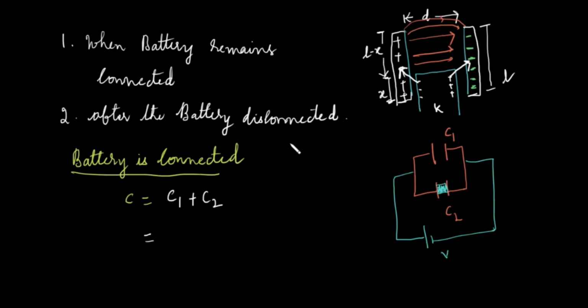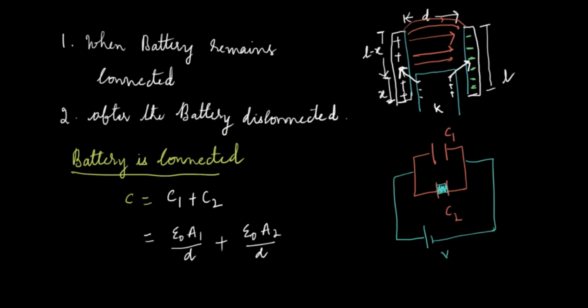Now C1, without a dielectric, is epsilon naught A1 by D, because the distance between the plates is D, plus C2 is equal to epsilon naught A2 by D.